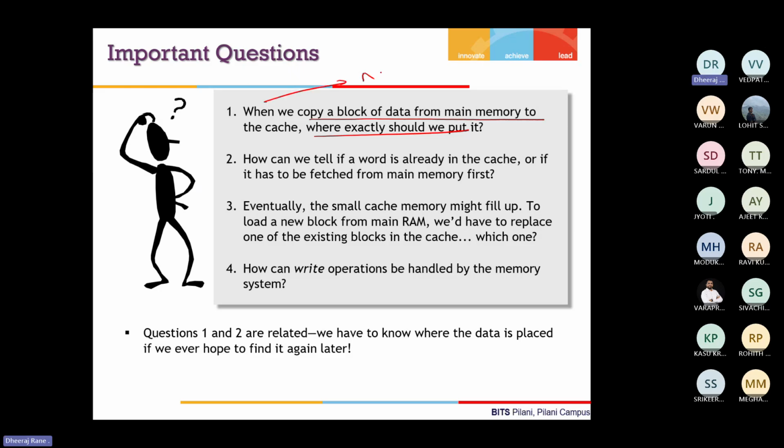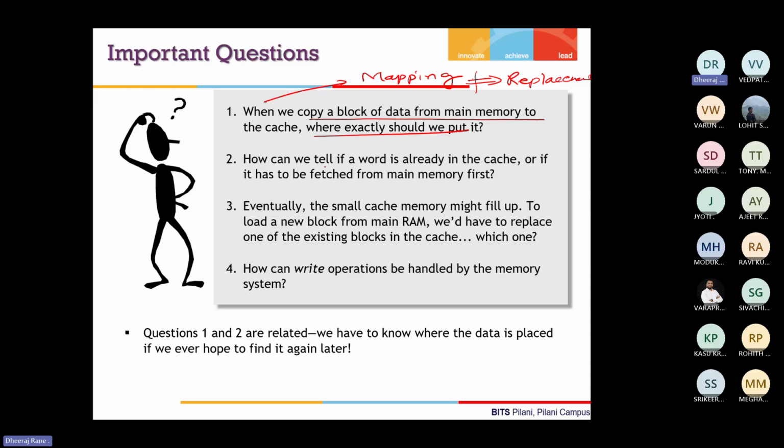So this will be referred to as your mapping. And whenever it comes to replacement, if the block is full, then at a later stage we will be needing the replacement algorithm as well.